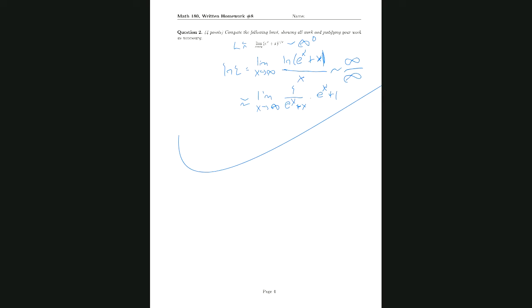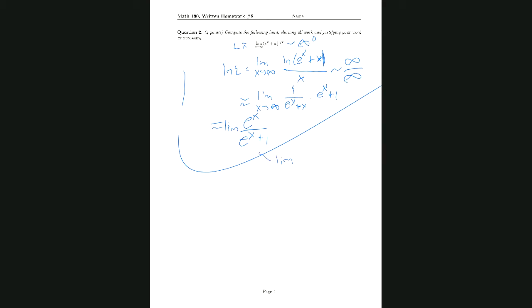So infinity over infinity. Then if you take the derivative again, you'll get e to the x over e to the x plus 1. Right. So this will be infinity over infinity. Do it one more time.